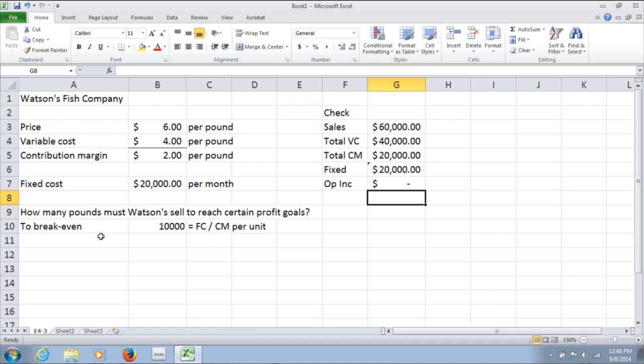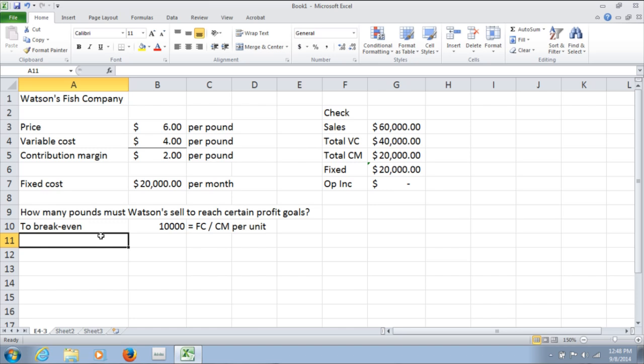So our profit here is exactly 0. So this formula of fixed cost we can take from the income statement. The formula break even take from the income statement. And so what we have here is 10,000 units breaking even.